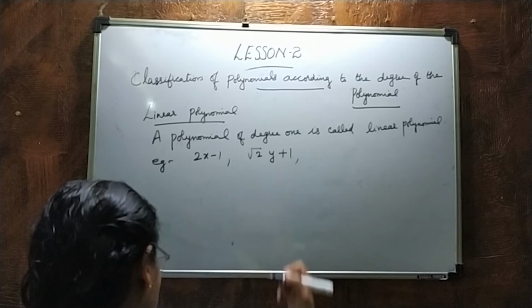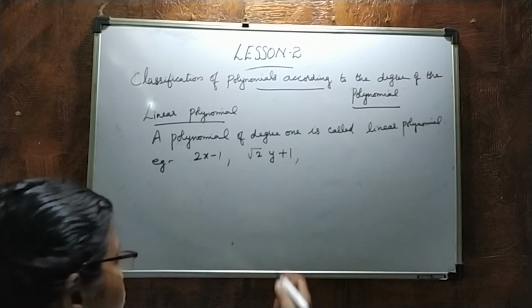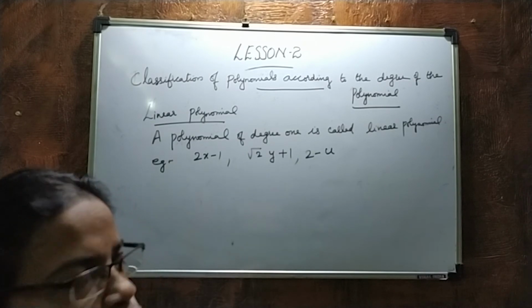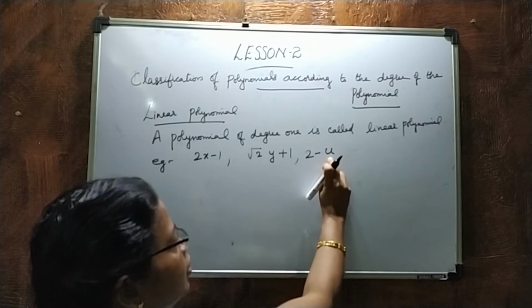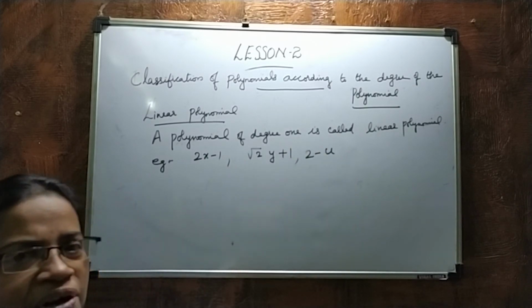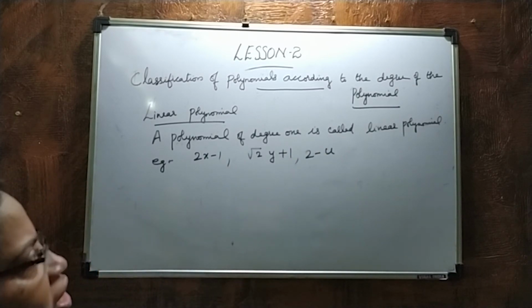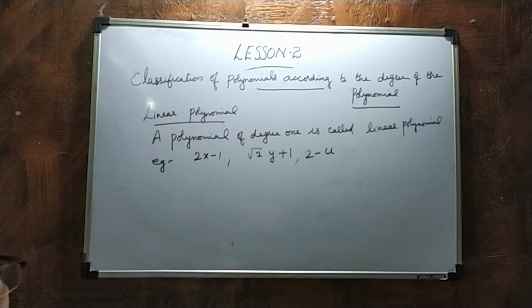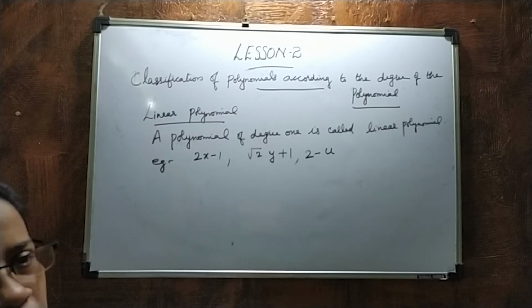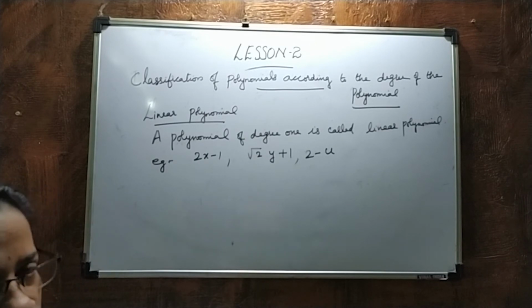Then again one more example I will give you: 2 minus u. Here u is the variable with only degree 1. So the highest degree is 1 and this type of polynomial is called a linear polynomial. And there is a form for a linear polynomial that is also needed and you have to learn.